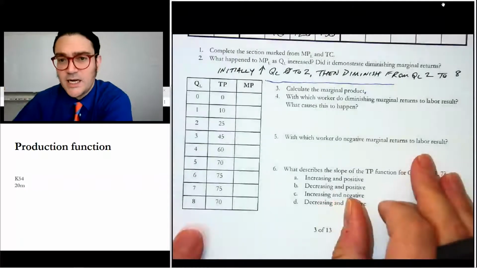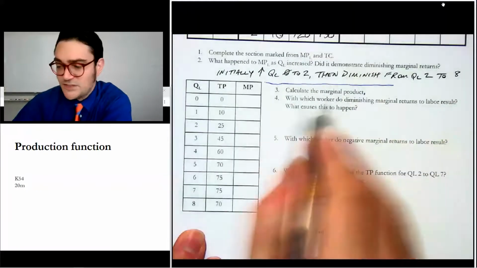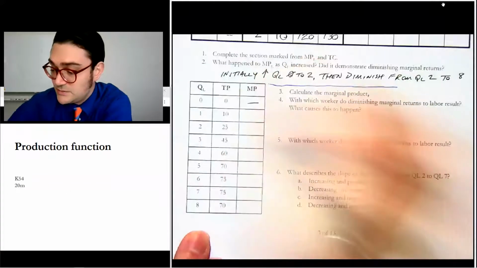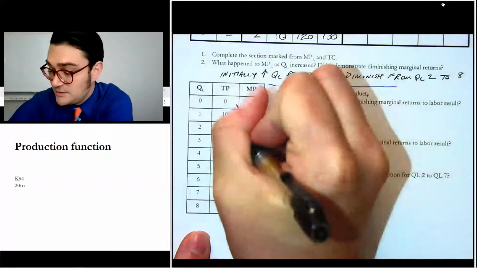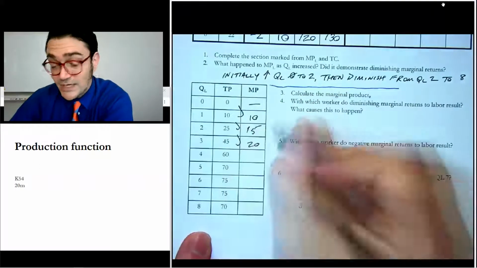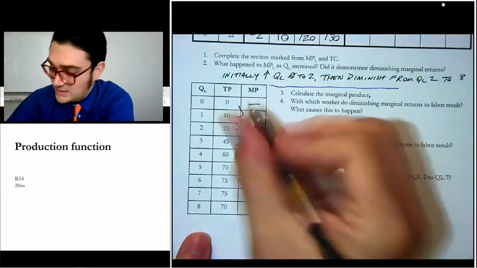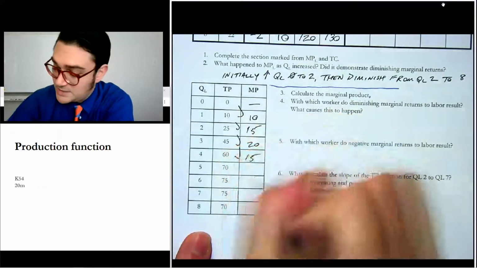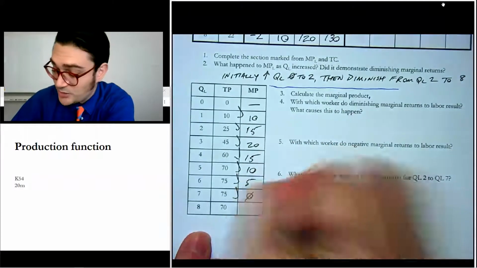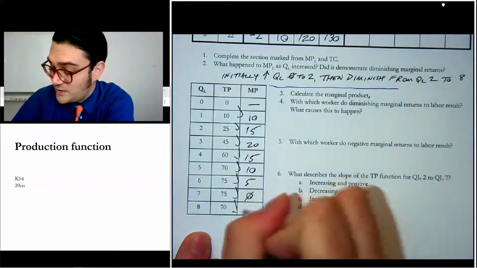Now we're going to do some more marginal product practice. I drew a line here to hopefully say these are different problems. Marginal product here, again, we don't have that one. The change: 10, 15, 20. We're really getting a lot of marginal product at first, and then it's going to diminish again. 10, 5, 0 marginal product of that seventh worker, and -5.